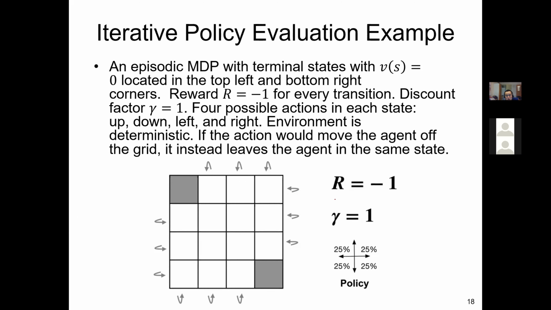So every transition costs the robot a little bit of reward. The discount factor is 1 for simplicity. And you have 4 possible actions, up, down, left, right. Environment is deterministic. So if the action would move the agent off the grid, it instead leaves the agent in the same state. So very simple to understand. That is, if you hit the wall, you come back.